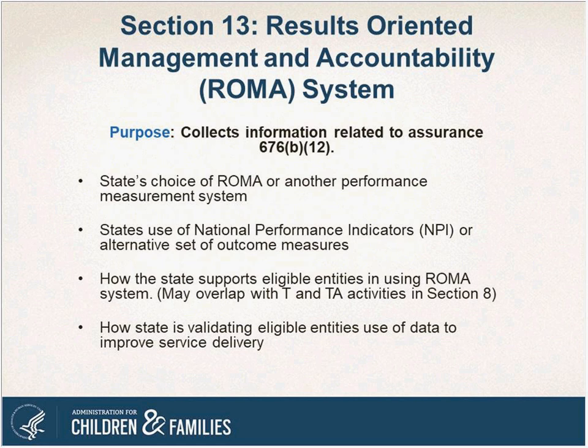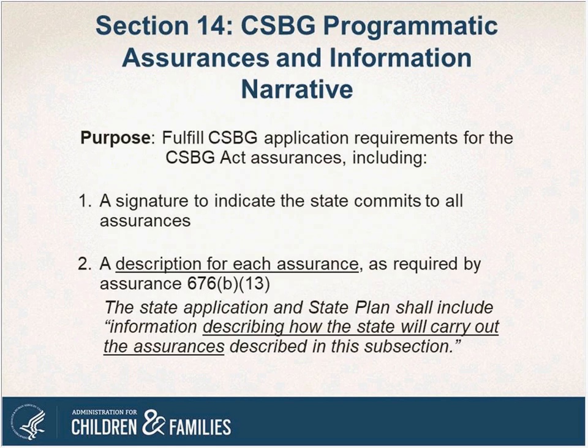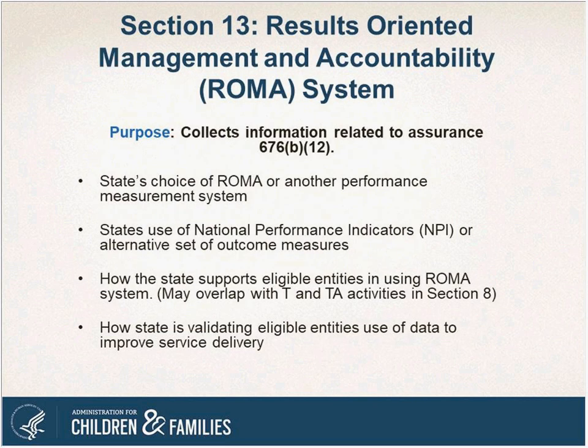If another performance management system is selected, it should meet the requirements of Section 678E of the CSBG Act, and states provide further information on the alternative system, which would include the validation of the use of data to improve service delivery. And 15.3, noting the activities of the entity, should describe how the state plans to support these activities.